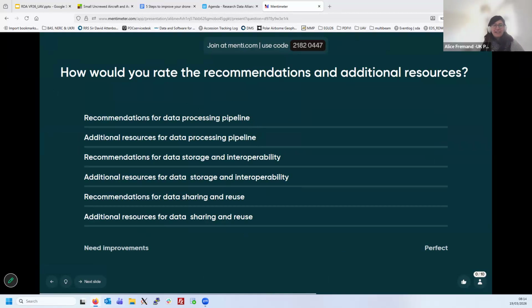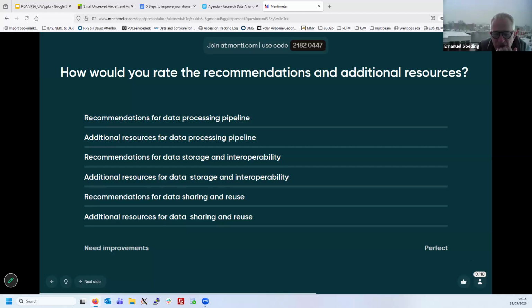I understand again that we haven't presented everything that we have in our recommendation, but it's to have a first feeling if we are missing some big things, and if there are gaps we should fill as part of the review process.